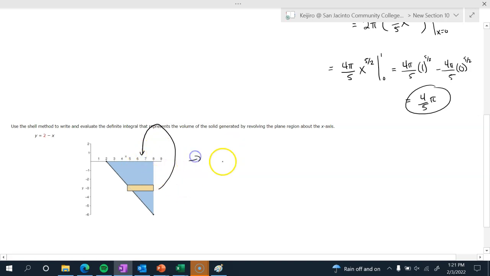But the shape that's going to be generated is essentially just this sort of cone. Okay.